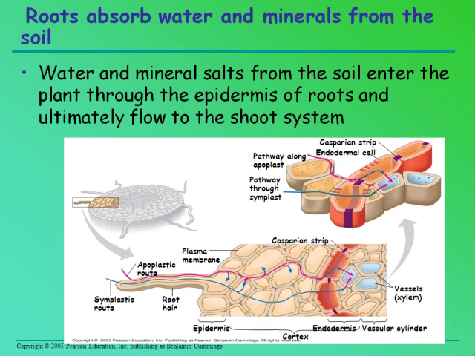As soil solution moves along the apoplast, some water and minerals are transported into the protoplast of cells of the epidermis and cortex, and then they can move through the symplastic route. Okay?